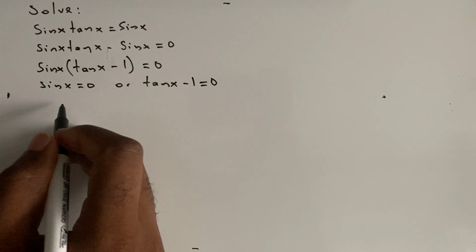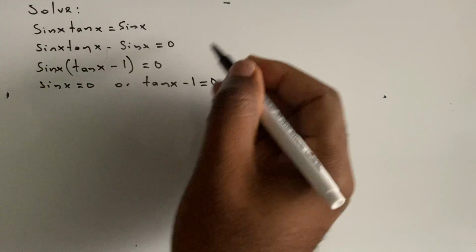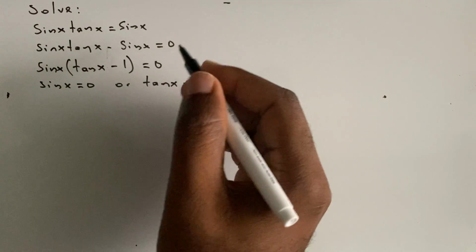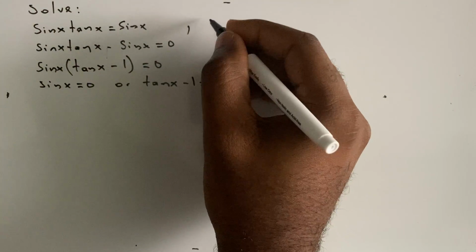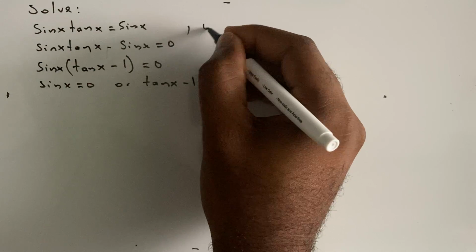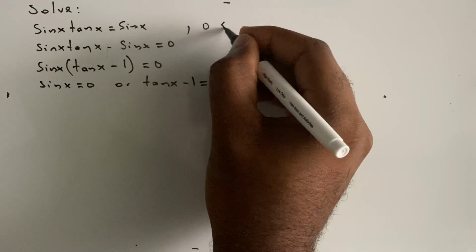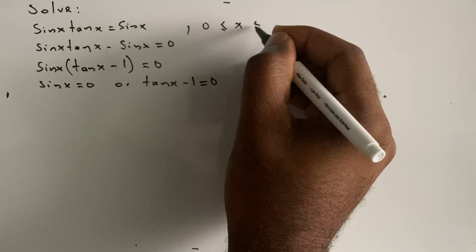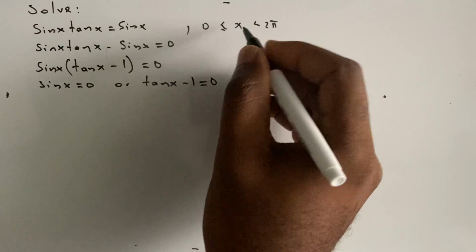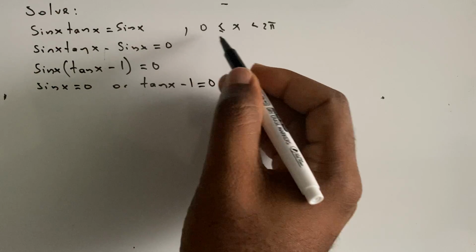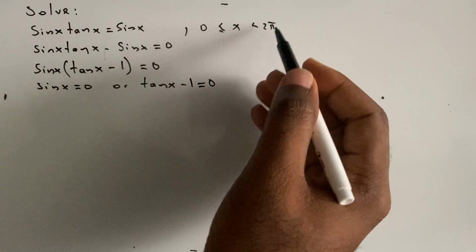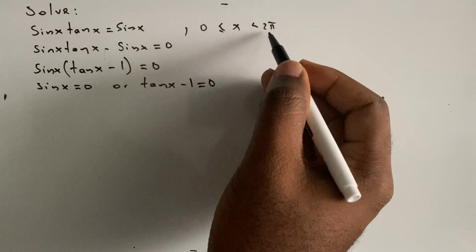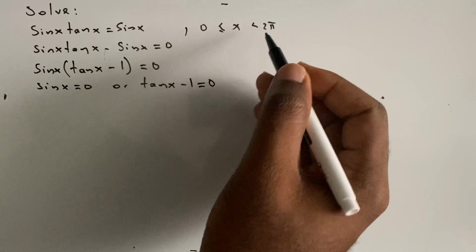By the way, we're solving this within this interval, knowing that x is between 0 and 2 pi. The value of x can take 0, but it cannot take 2 pi. Okay, so we keep that in mind.